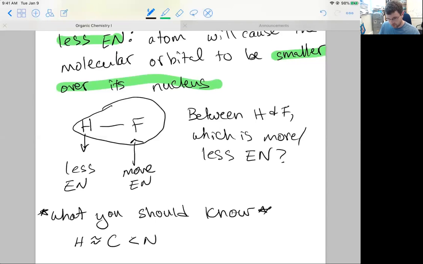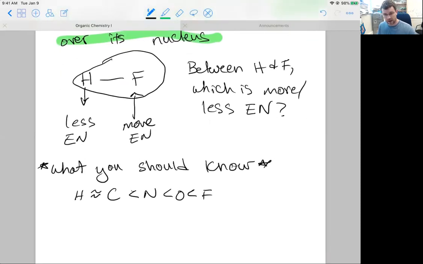Nitrogen is more electronegative than carbon, oxygen is more electronegative than nitrogen, and fluorine is more electronegative than oxygen. And so this turns out to be the most electronegative element on the periodic table. And in general, group 7 is all much more electronegative than the other elements.